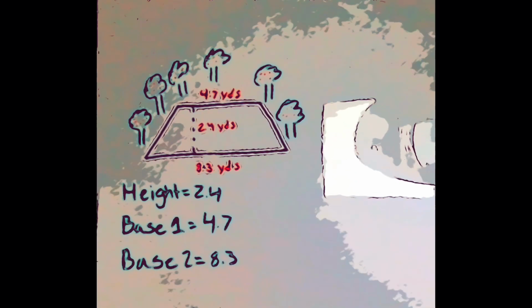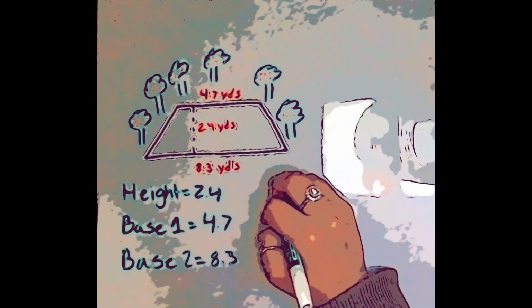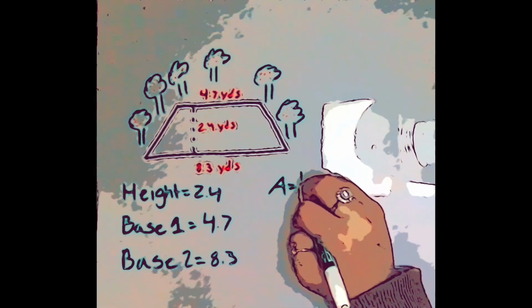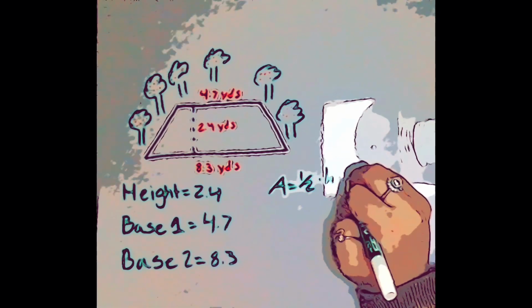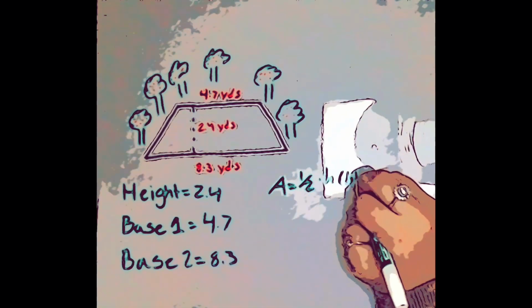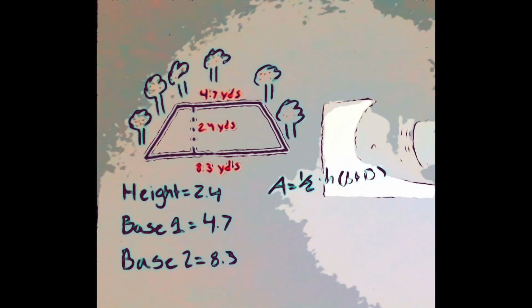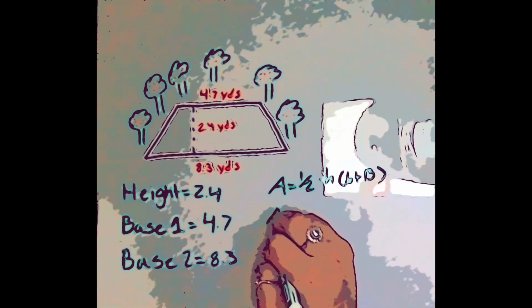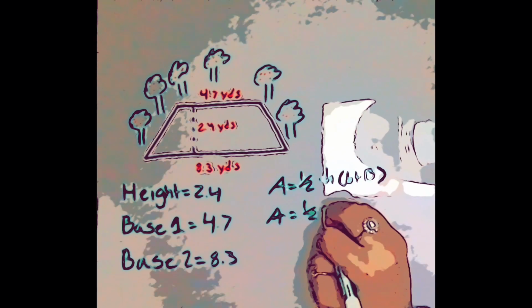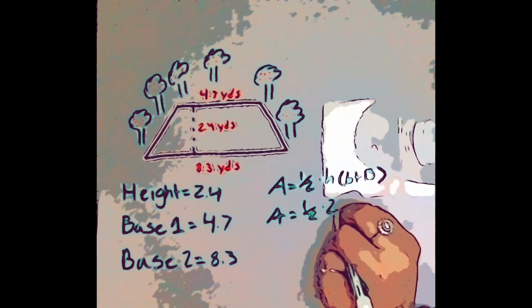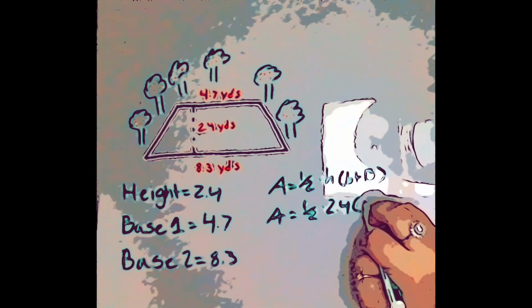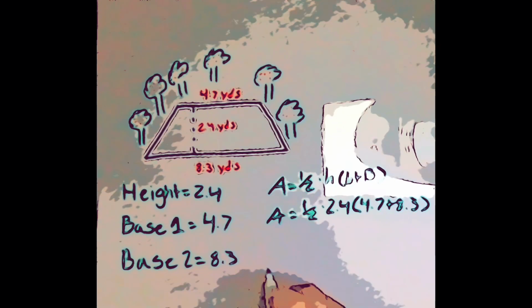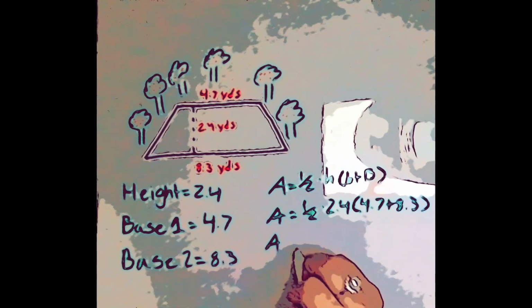Okay, so we go A equals 1/2 times height times base 1 plus base 2, and we would end up with this.